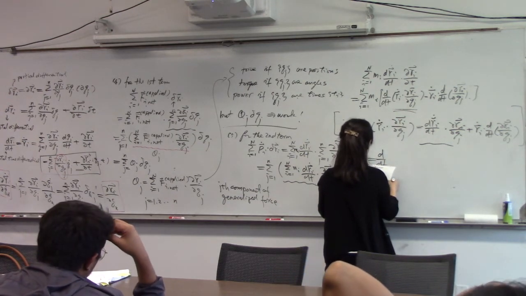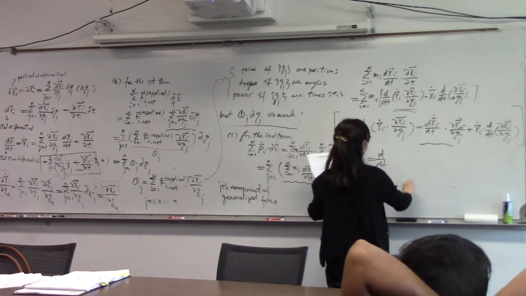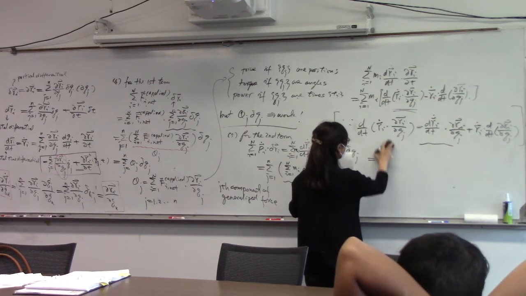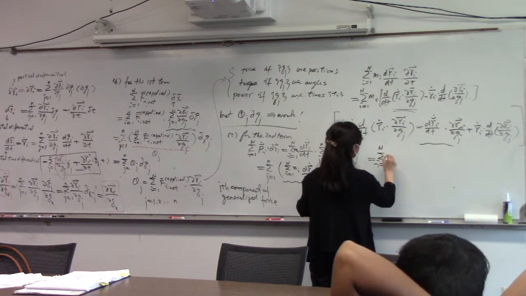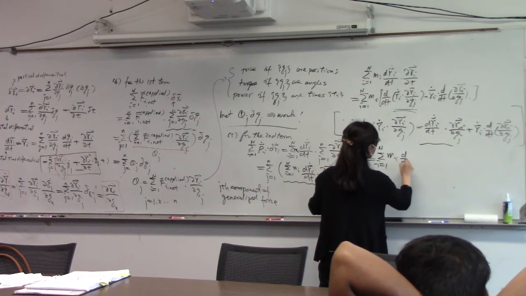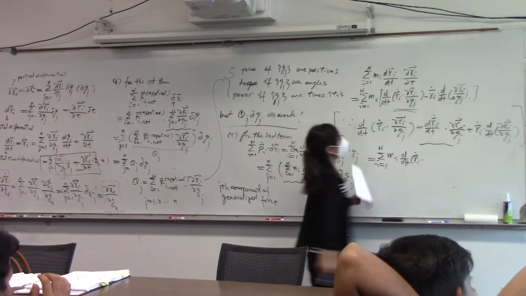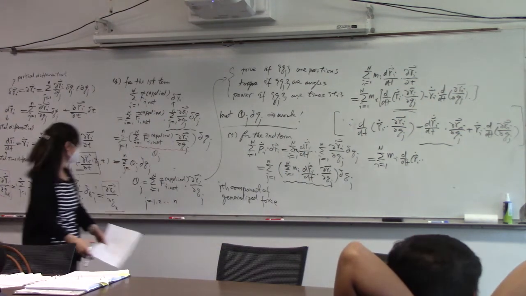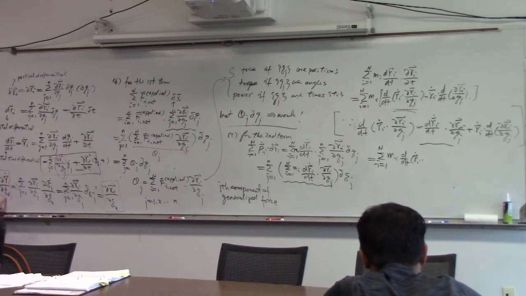I don't want to jump too much. So here, let's still keep the summation, 1, 2, n, mi, and d dt ri dot partial ri partial qj here equal to this.